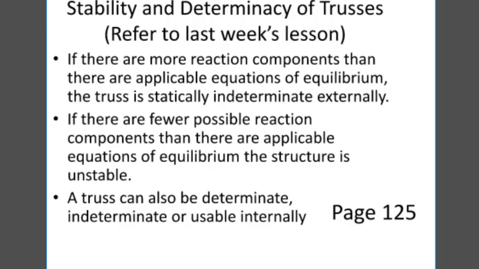If there are fewer possible reaction components than there are applicable equations of equilibrium, the structure is unstable. And a truss can also be determinate, indeterminate, or unstable internally.